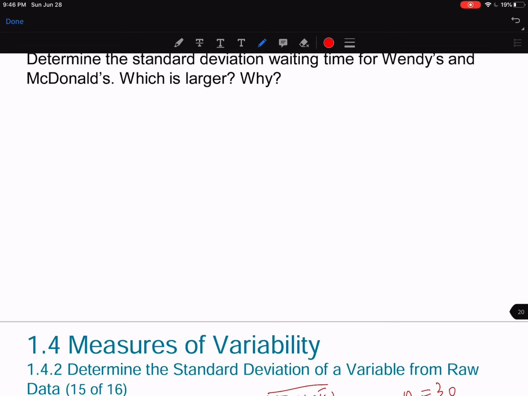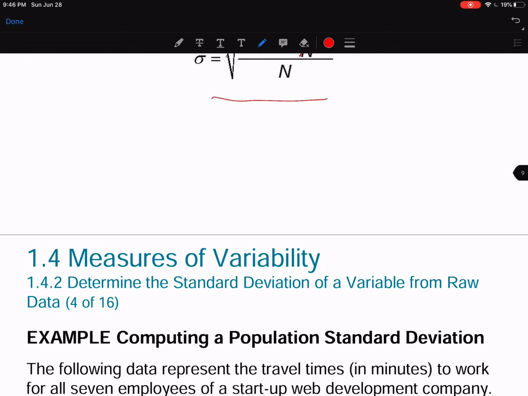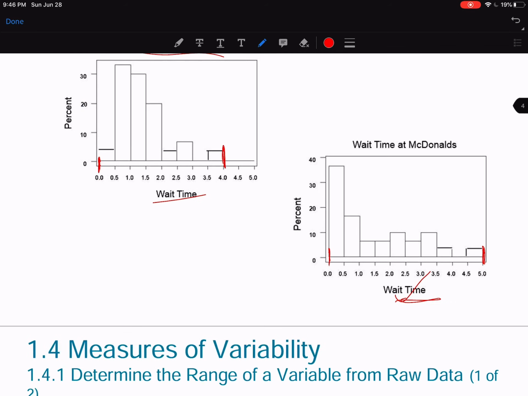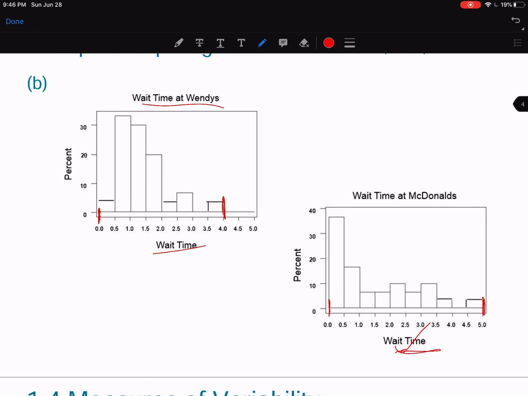If we get back to the histograms at the beginning, it's over here. So we can tell that this histogram here is more dispersed than this graph over here, because this starts at 0, ends at 5, and this starts at 0, ends at 4.